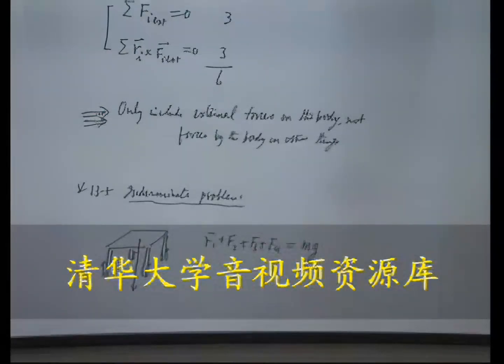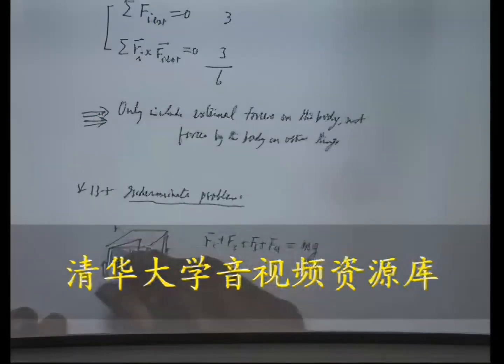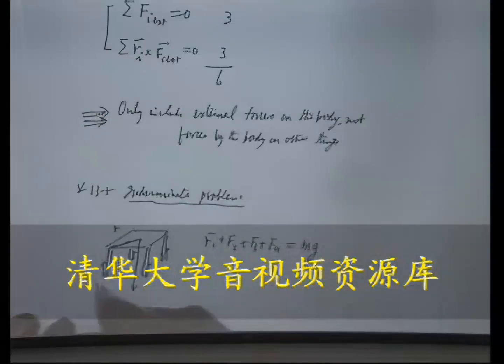If you take the angular momentum, suppose this distance is called r. This diagonal distance, we call it r. Then this one be F1, this F2, this F3, this F4.